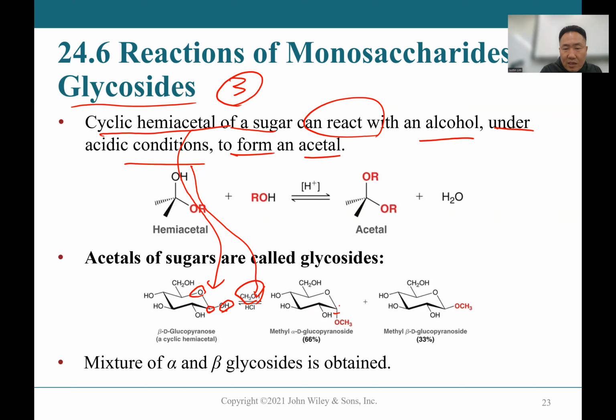Acetal means on the same carbon, you can see two OR groups. You can get a mixture of glycosides. The mixture of alpha and beta glycosides is obtained. So now can you see OCH3 to the bottom, you can call alpha. OCH3 to the top, that's beta.